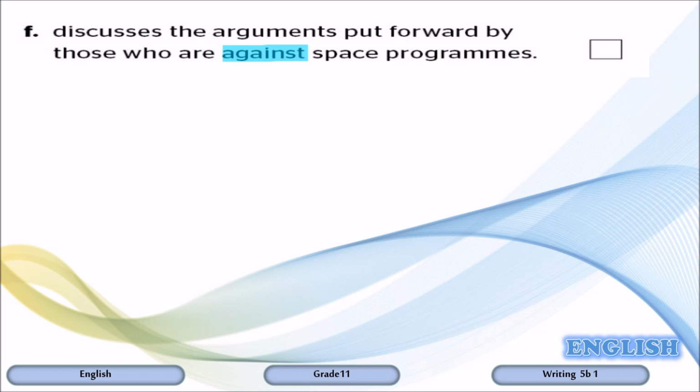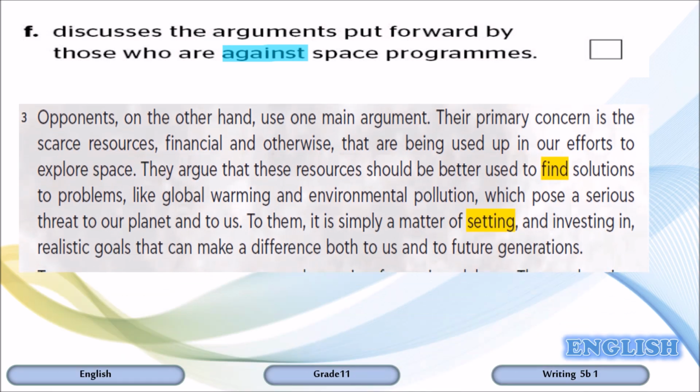Statement F. In which paragraph does the writer discuss the arguments put forward by those who are against, not in favor of, space programs? In which paragraph? Excellent, it should be paragraph number 3. Thank you very much. How do you know that those people are against? Which word helps you? Yes, the word opponents. And we have another phrase, on the other hand.